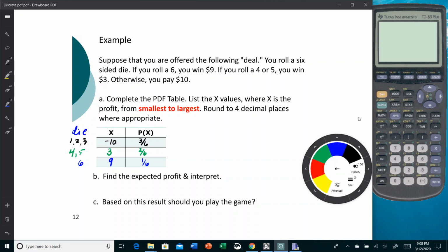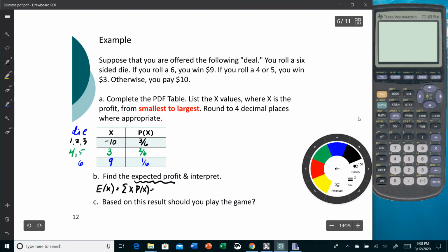So to find the expected profit, what we're trying to find is E of X. And E of X, as we know, is just the sum of the values of the random variable times their probabilities.